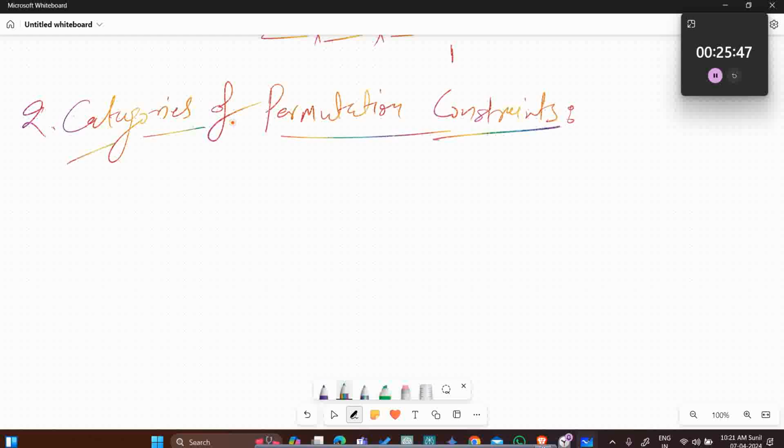Category 2. So, a 5-letter word containing exactly 1A. Okay. So what is the 5-letter word containing exactly 1A?